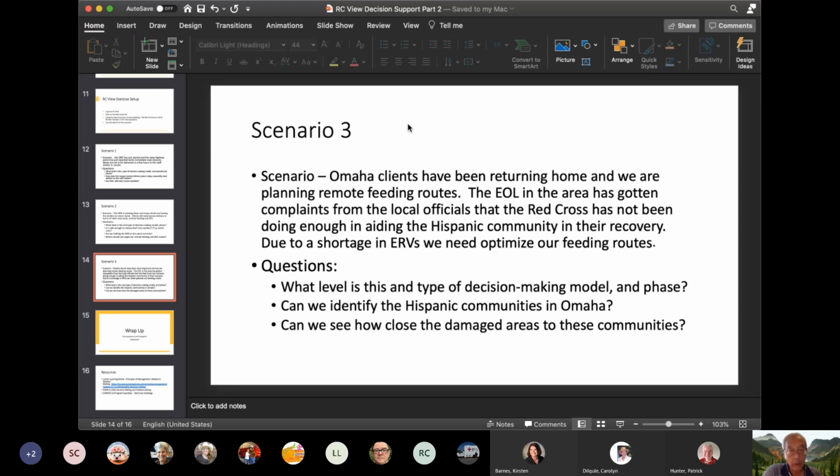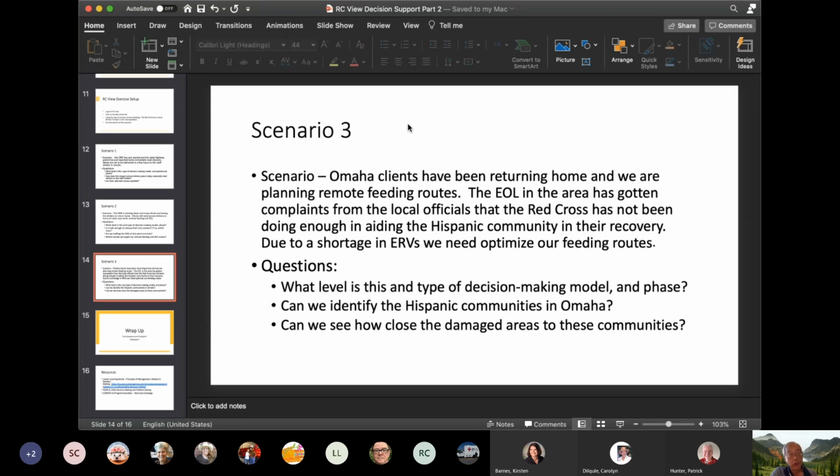In this scenario, Omaha clients have been returning home, and we are, again, planning remote feeding routes. However, the EOL, the elected official liaison in the area, has gotten complaints from the local officials that the Red Cross has not been doing enough in aiding the Hispanic community in their recovery. Now, we just talked about feeding in scenario 2.